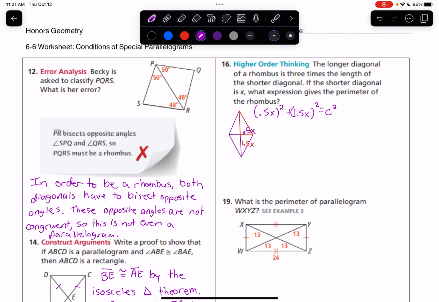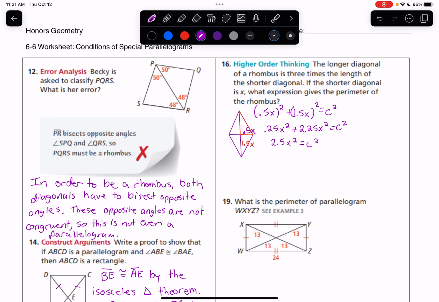So 0.5x squared is 0.25x squared. 1.5x squared is 2.25x squared equals c squared. There's going to be some variables in our answer here. So we put these together, we get 2.5x squared equals c squared.